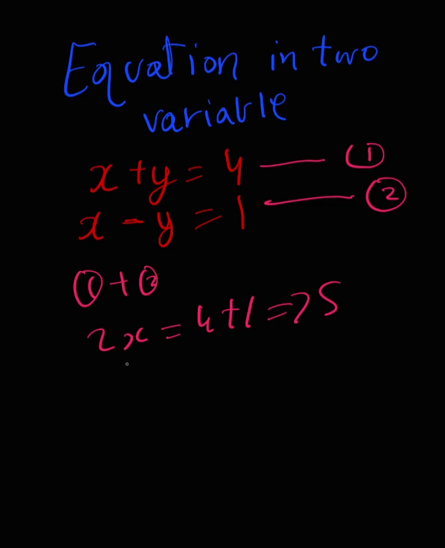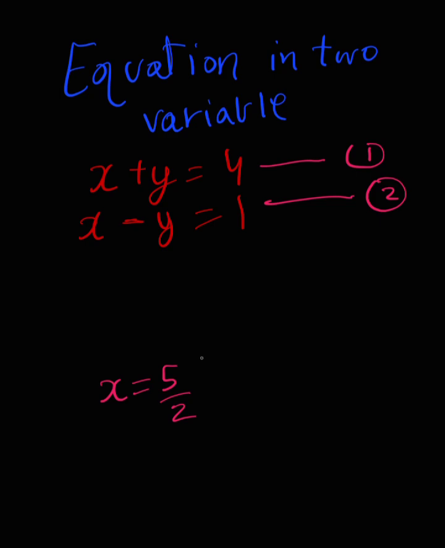From here, this is a linear equation in one variable. We can solve for x, and we will get 5 by 2. After we get the x value, we can substitute it in either of the equations.